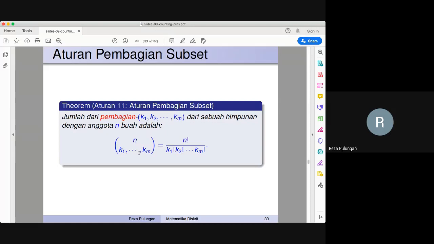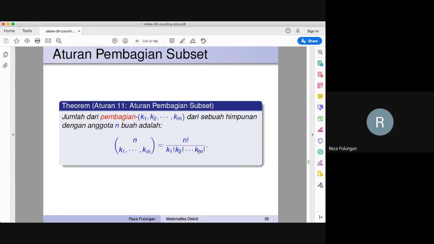The previous one, we just have two, namely n select k is just equal to n select k, n minus k. But right now, if you add this together, they become n. And this is equal to n factorial divided by k1 factorial multiplied by k2 factorial and so on until km factorial.